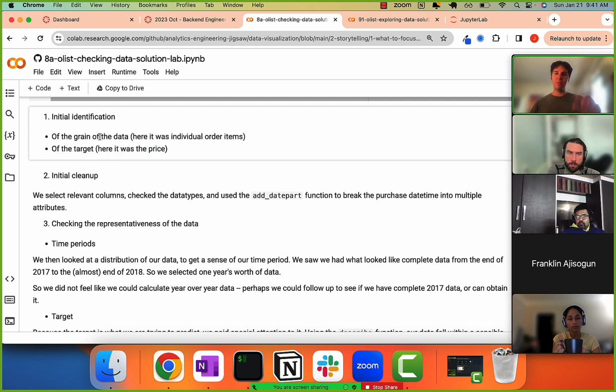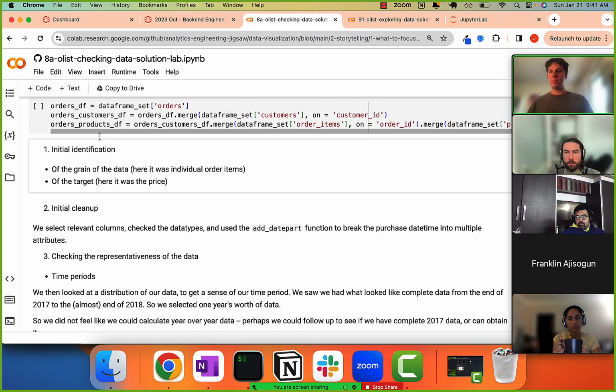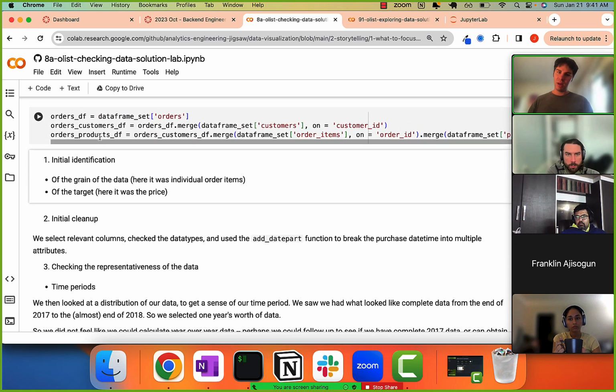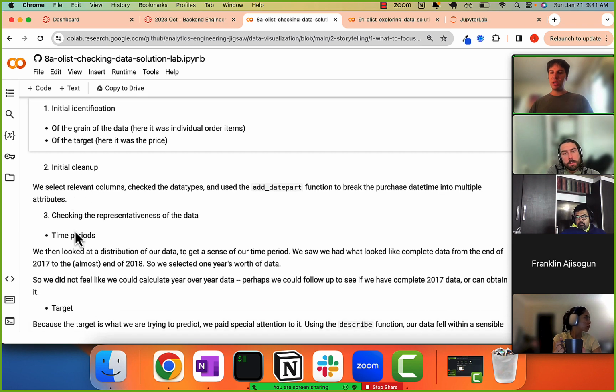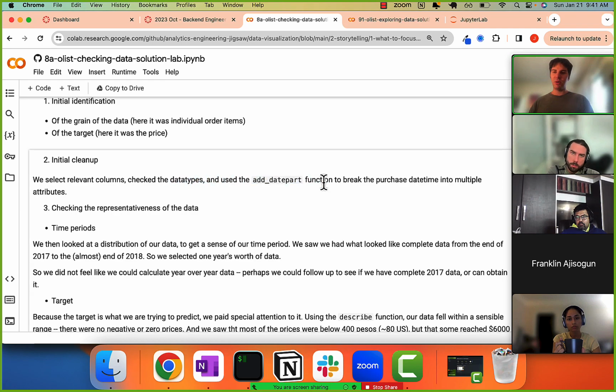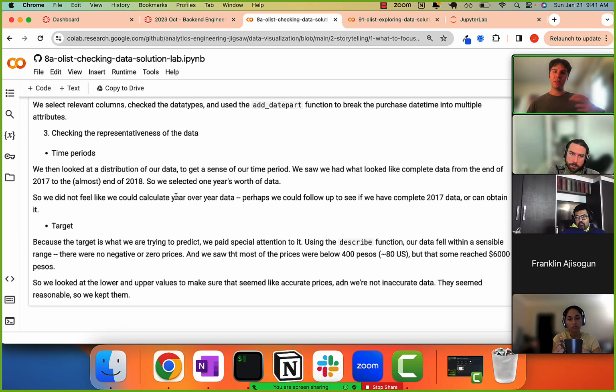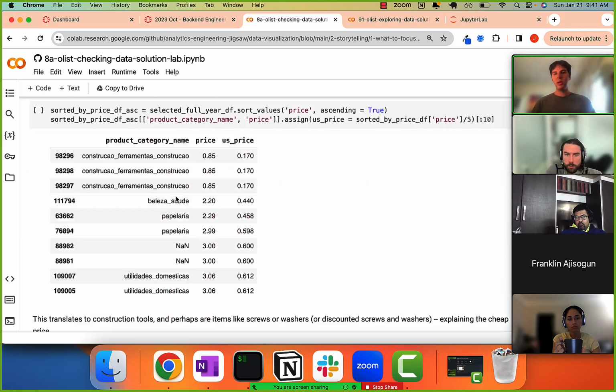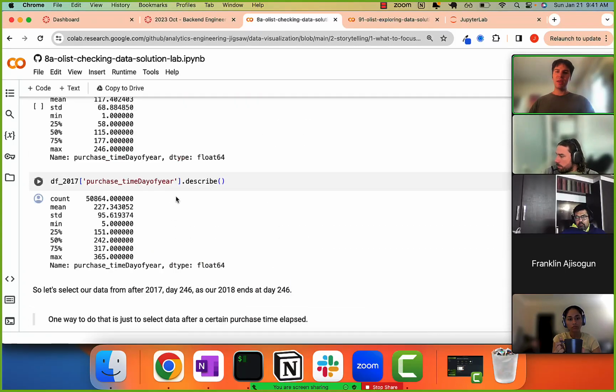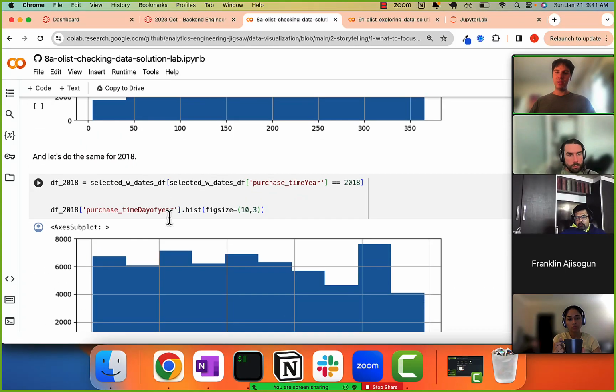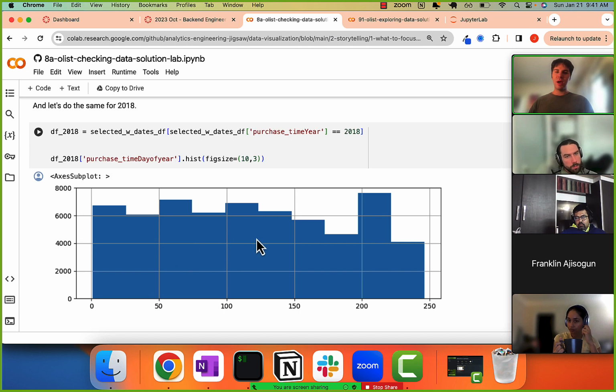By grain of the data, we mean what does each row represent? In this case, I think each row is a purchase of a product by a customer, right? It's not a shopping cart. And then we cleaned it up, and that mainly involved our add date part. And then it was selecting the data. You can see how easy it is to get fooled by the data, by selecting the correct time period.